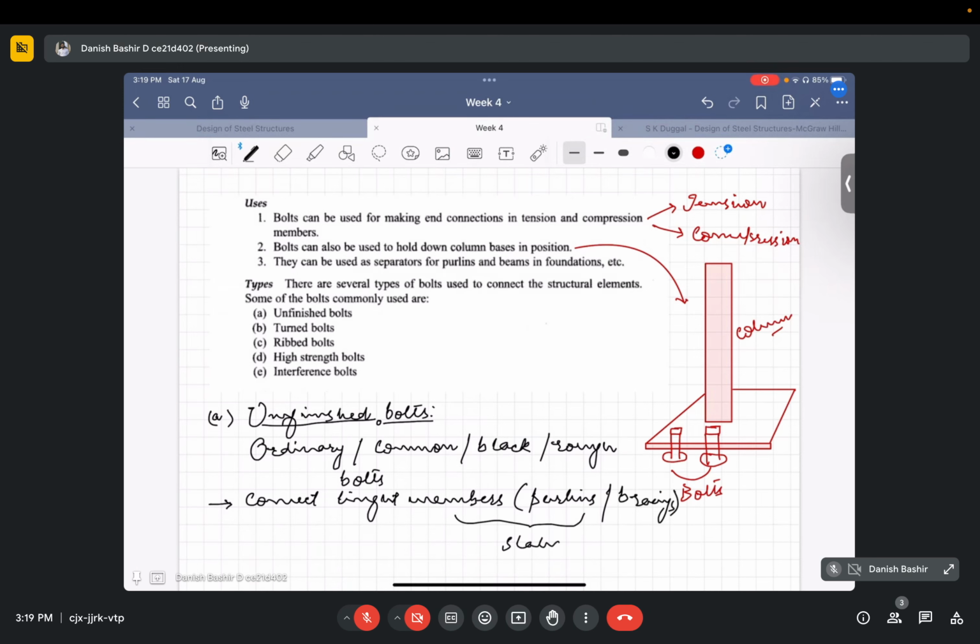Under impact, dynamic, and fatigue loads, these bolts are not recommended. Okay, this is the brief overview of these unfinished bolts.